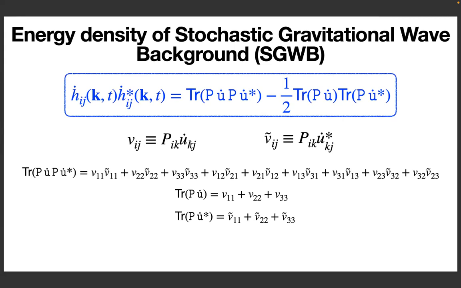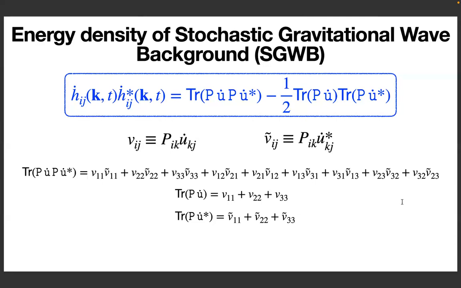If I define the product of the projector with the U tensors in this manner, and I also define this tilde, I can write the trace of this product of 4 matrices in this manner, and the trace of the product of these 2 matrices in this manner. You see, I am reducing, so I don't need to compute the full projector and then take the trace. I can just write it down directly. I don't need to do any matrix multiplication.